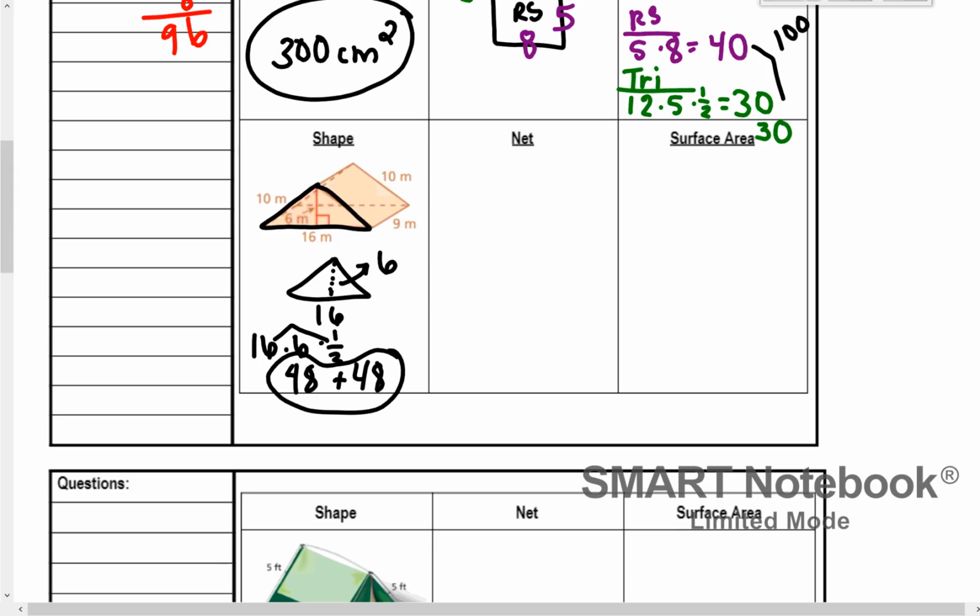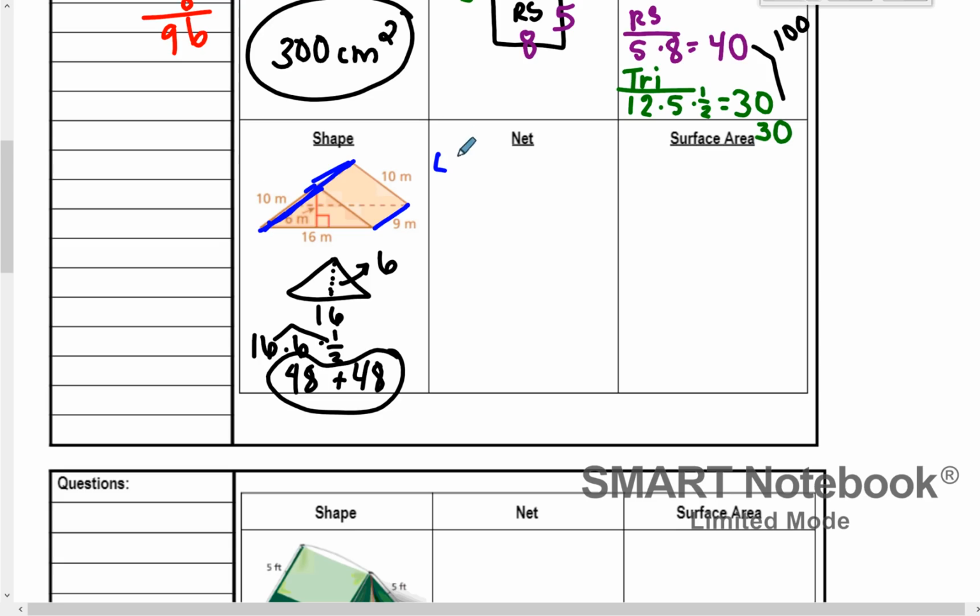Next, I am going to have my left side, which is very hard to see. So I'm going to kind of sketch it out for you. It's going to kind of go up like that. Basically we need to know the height going back, which is going to have to be the same as the height going back here, and the slant height going up, which it has measured as 10.